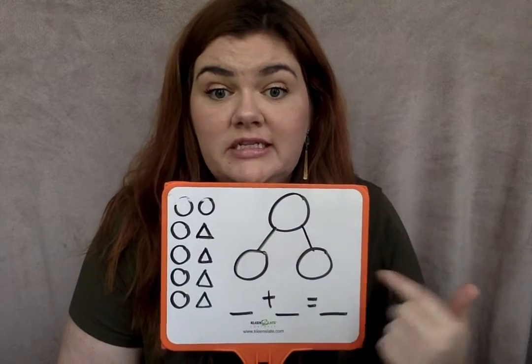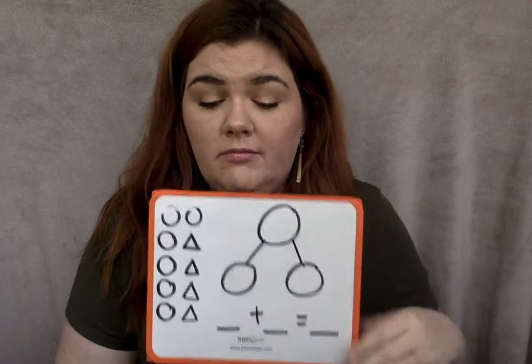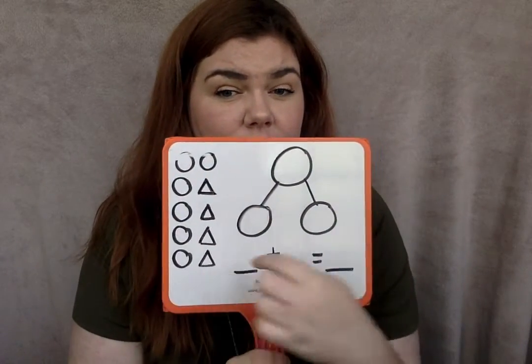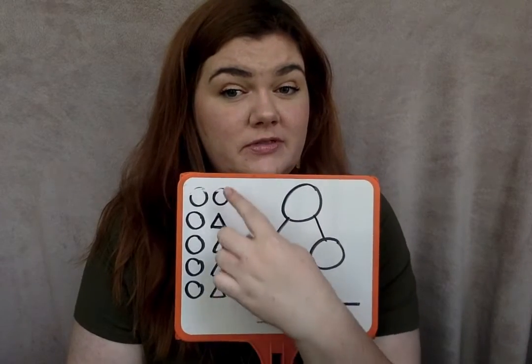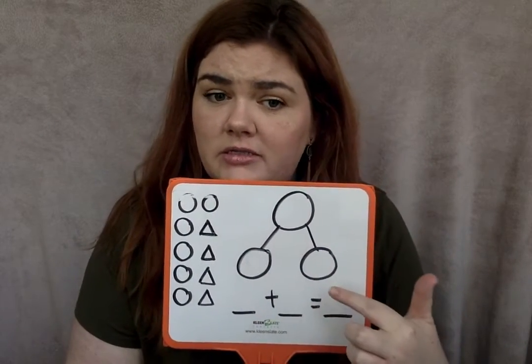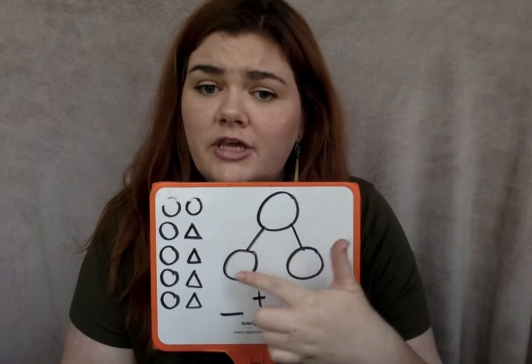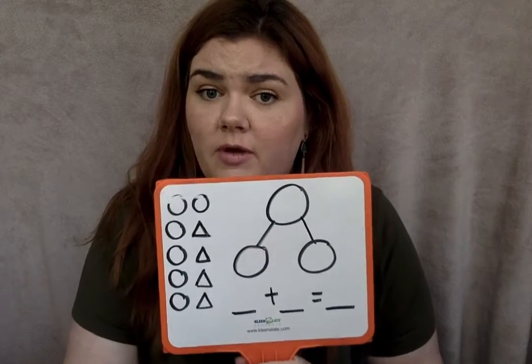Remember, our number bond is a part and a whole. We go part, whole, part, whole. So where are the numbers for 4 triangles and 6 circles going to go in our number bond? Go ahead and pause the video if you need to figure out where those are going to go.